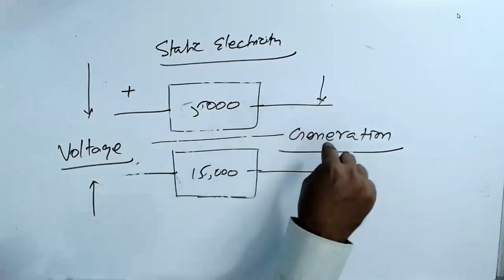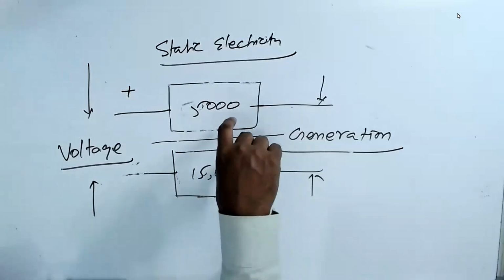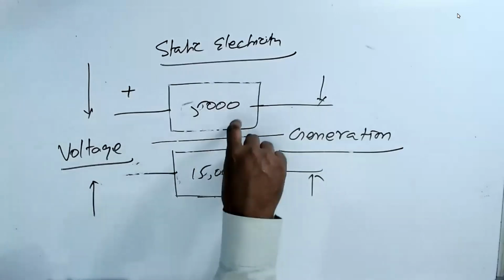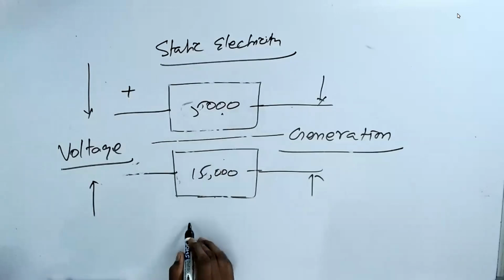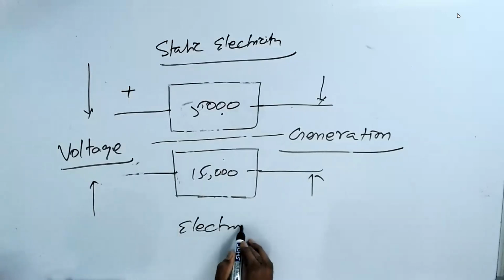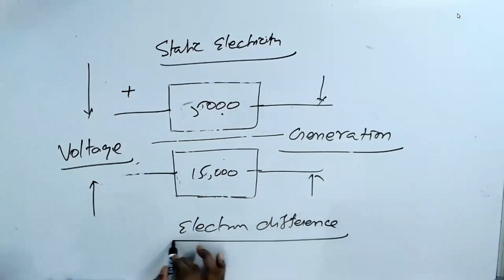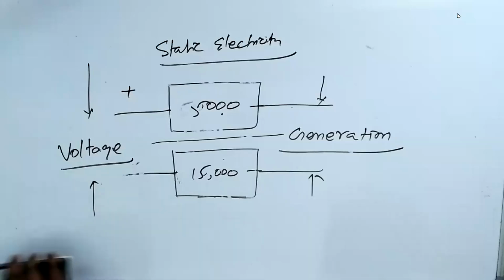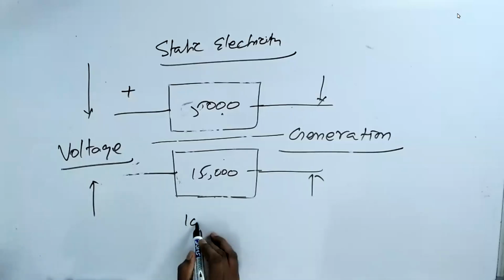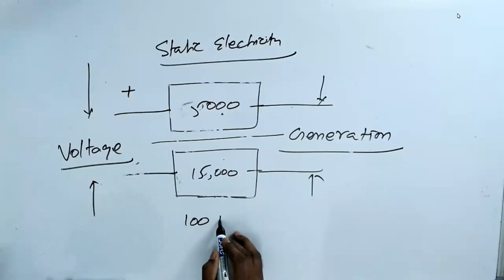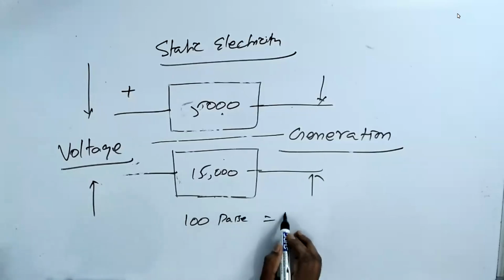When they generate, after generation, they wanted to know what the difference is. You know what they counted? The electron difference. And then also they have a measurement, like we have 100 paise equal to 1 rupee.